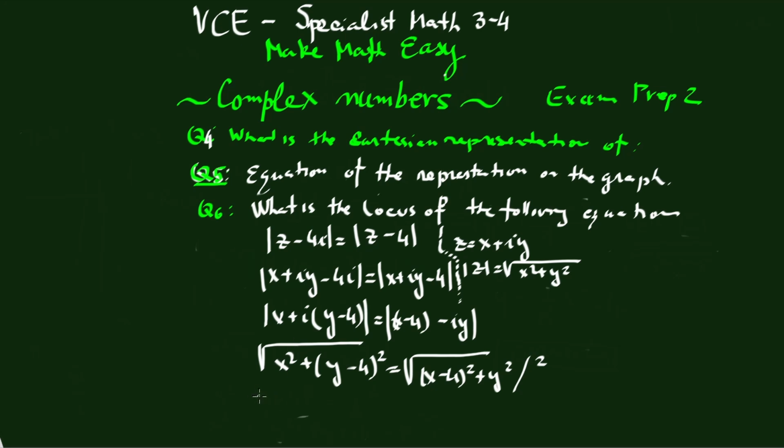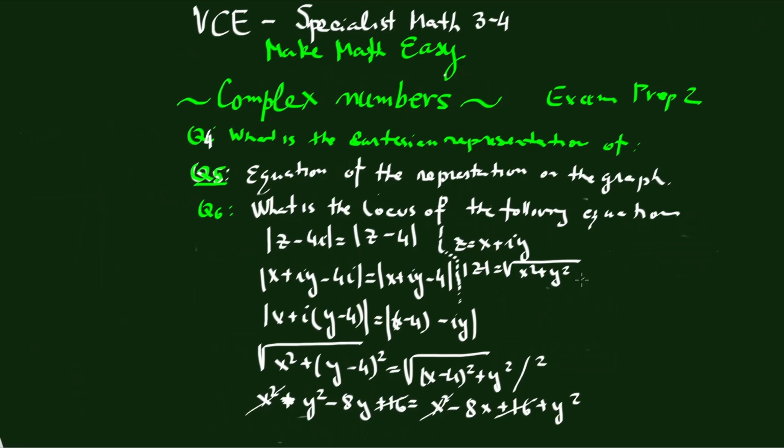So we get x squared plus y squared minus 8y plus 16 equals x squared minus 8x plus 16 plus y squared. Take x squared away from both sides, and 16 on both sides.